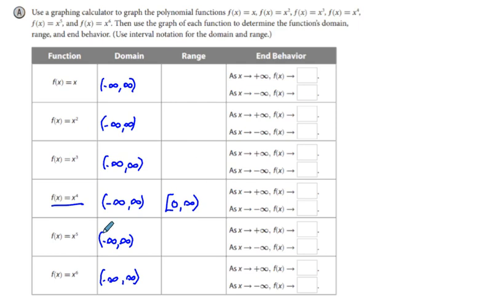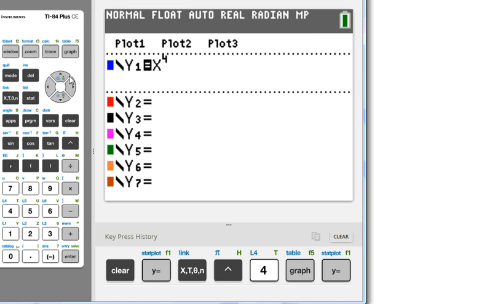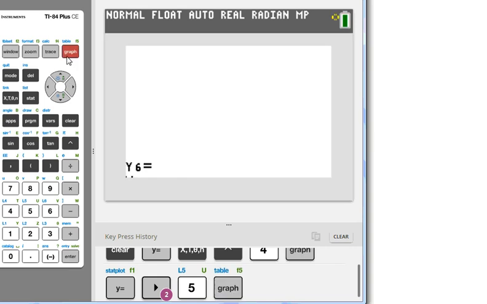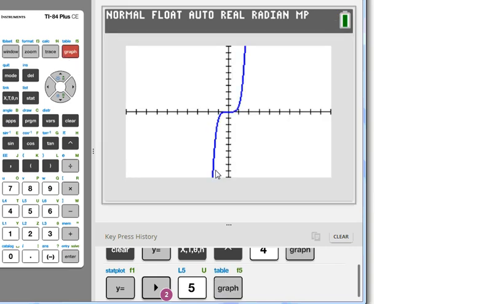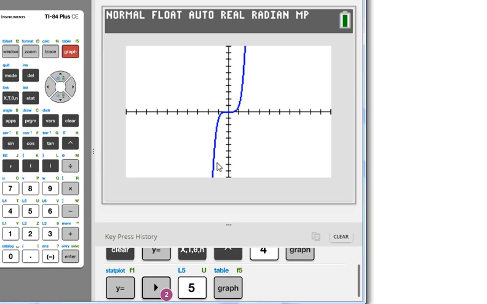And let me go ahead and take x to the 5th power, and we'll examine that quickly. Change that to 5th power, graph. Okay, here we see the graph looks like a cubic function: it comes up, touches the origin, and then continues to go up after touching the x-axis. And so in this case, our range is going to be all real numbers.